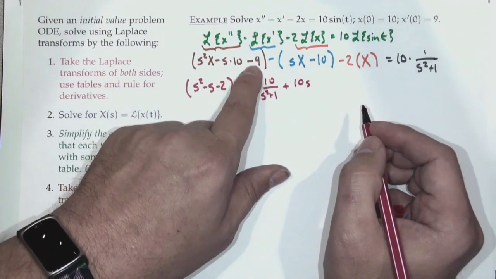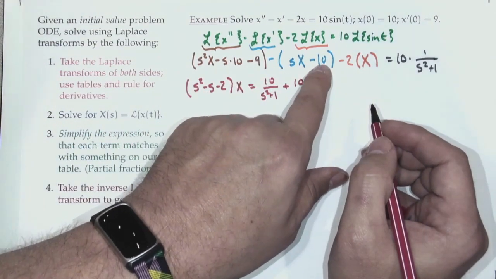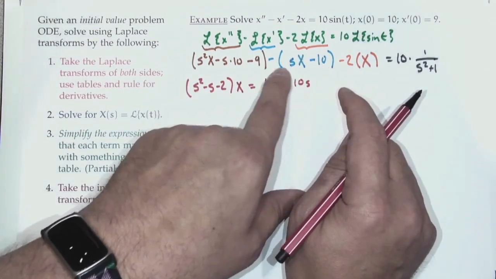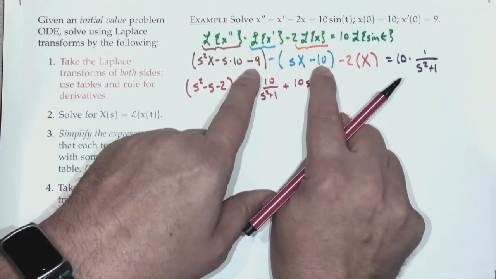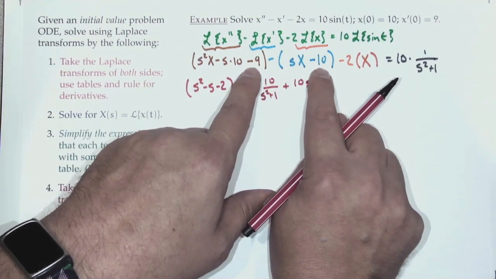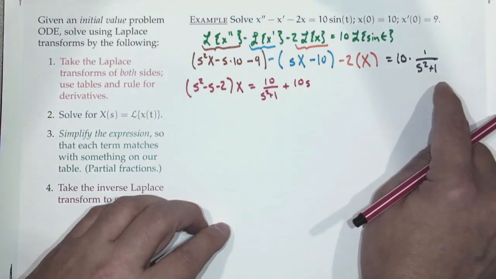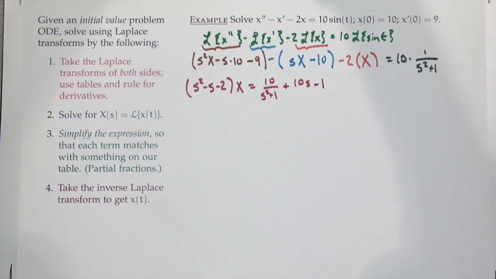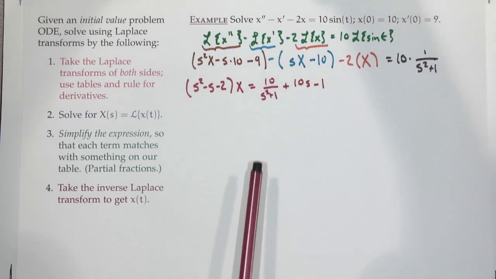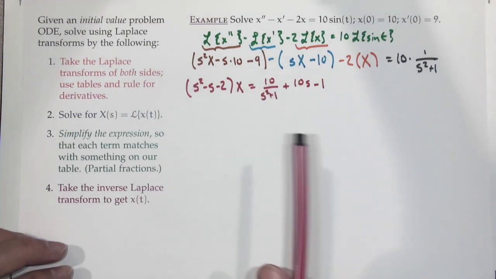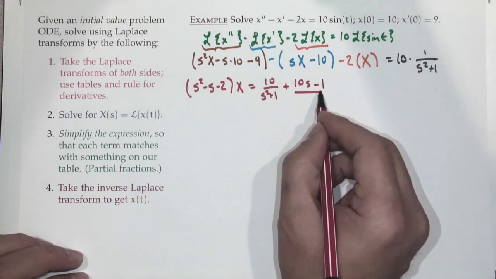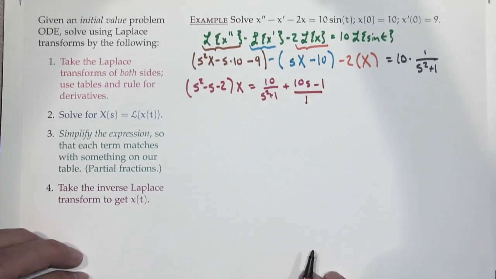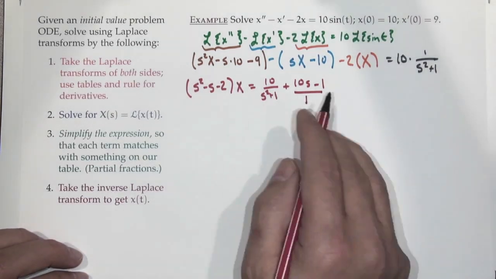And here I have a minus 9 and a plus 10, because the minus distributes. So on this left-hand side, it would be a plus 1, comes across, minus 1. So far, so good? Let's combine these terms. So right now it's 10 over s squared plus 1 and 10s minus 1 over 1. So if I wanted to combine, what should I do?